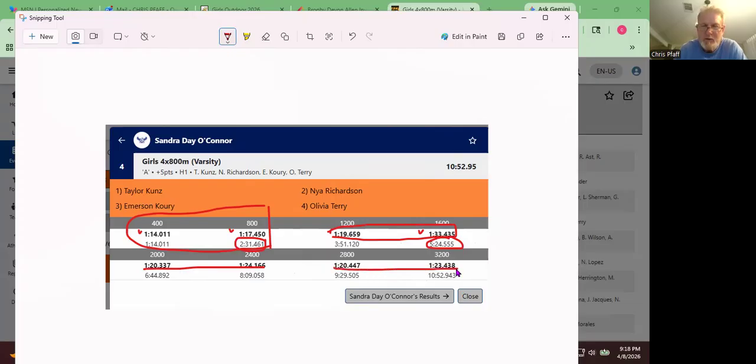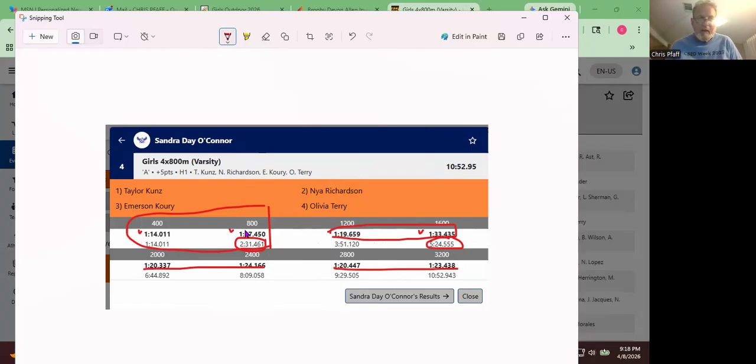Now, I don't know if every timing company displays this the same, because they're both using athletic.net, or Athletic Live. If you have any questions, you can ask me or ask coach. Anyway, that's how you can get the splits.